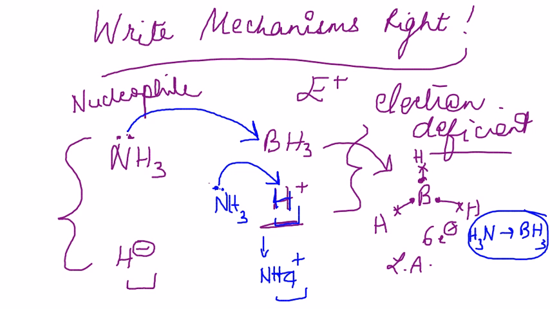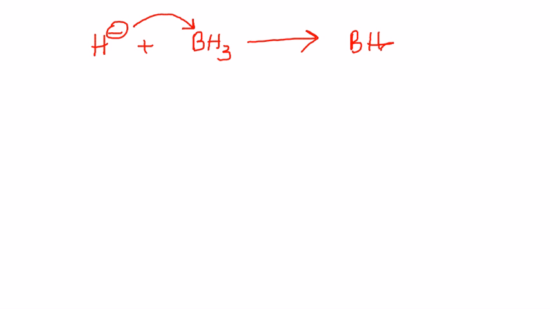Likewise, you could write down the same kind of electronic movement with hydride. So let's take a look at that. We have H minus, and if that is treated with BH3, again electrons will come from source to sink, and you will get your BH4 with a negative sign.